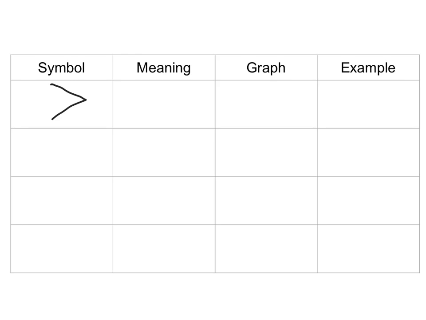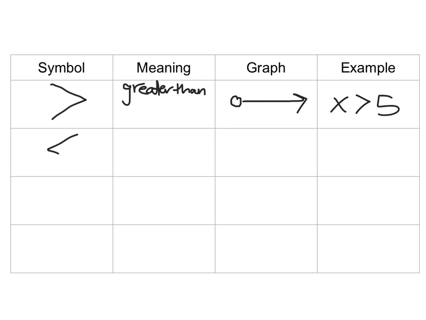So go ahead and draw that in. And this one means greater than. On a graph, we're going to do an open dot and then an arrow showing that it must be greater than the number, but it can't actually be the number. And our example is going to be x is greater than 5.